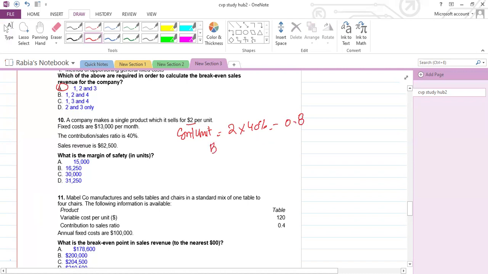Now you will calculate your break-even units. How much is your break-even units? 13,000 divided by 0.8. It's 16,250 units.